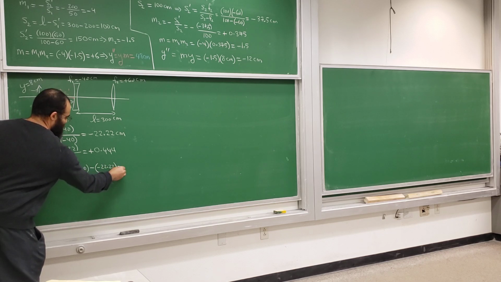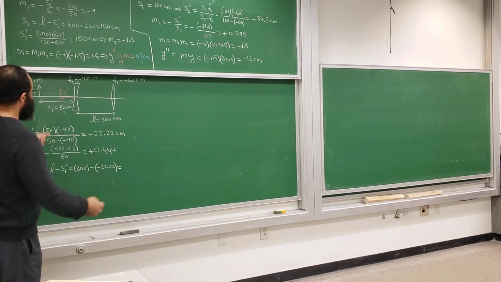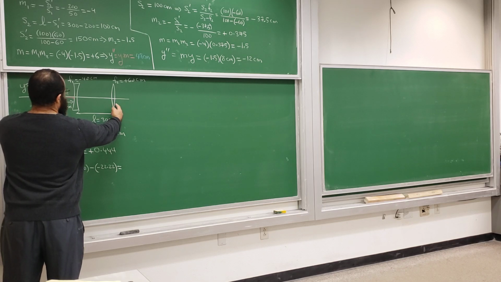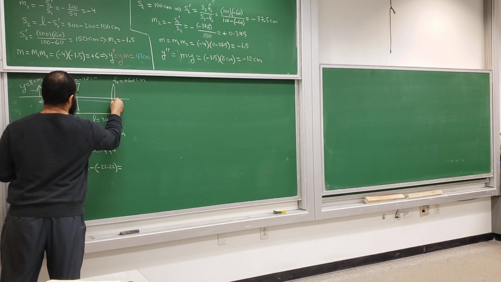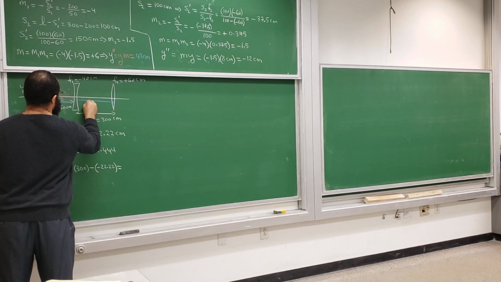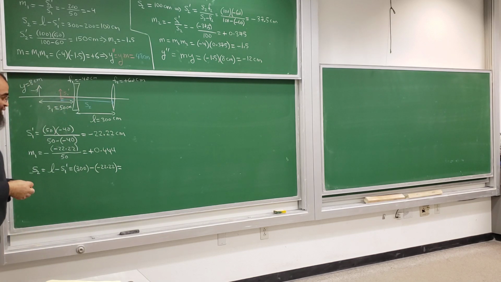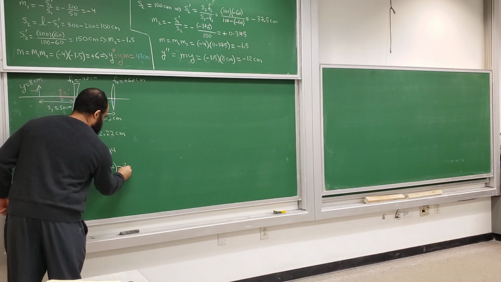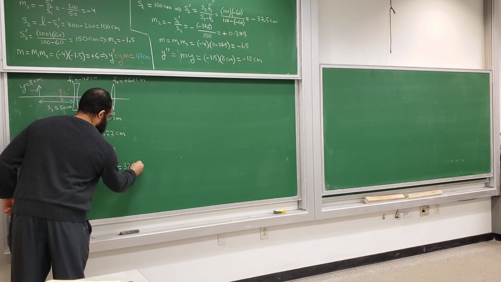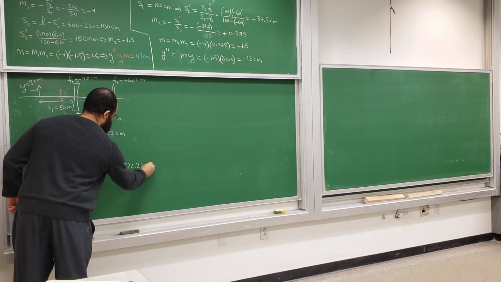It's kind of overdoing it, but it's still worth it. We're really looking for this distance, right? This is what we mean by S2. That's that total distance. So minus minus, we got 322.22 centimeters, okay?